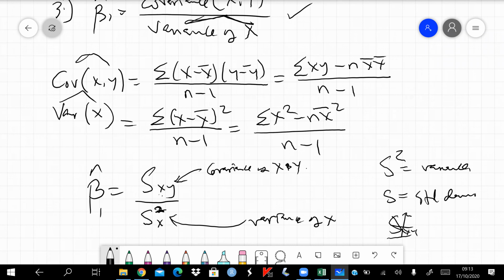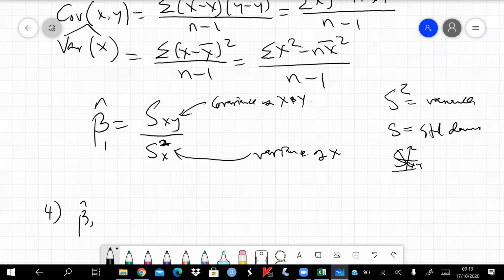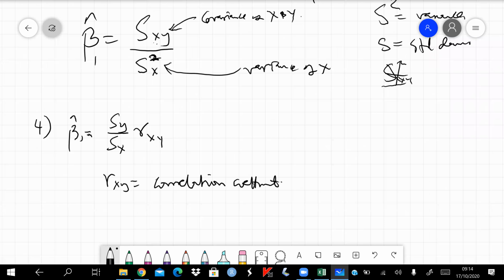Then note number 4 is that beta 1 can also be expressed in the form of correlation. So you can have beta 1 estimate as s of y divided by s of x, times r of x, y, where r of x, y is the correlation coefficient. And how do you get the correlation coefficient?